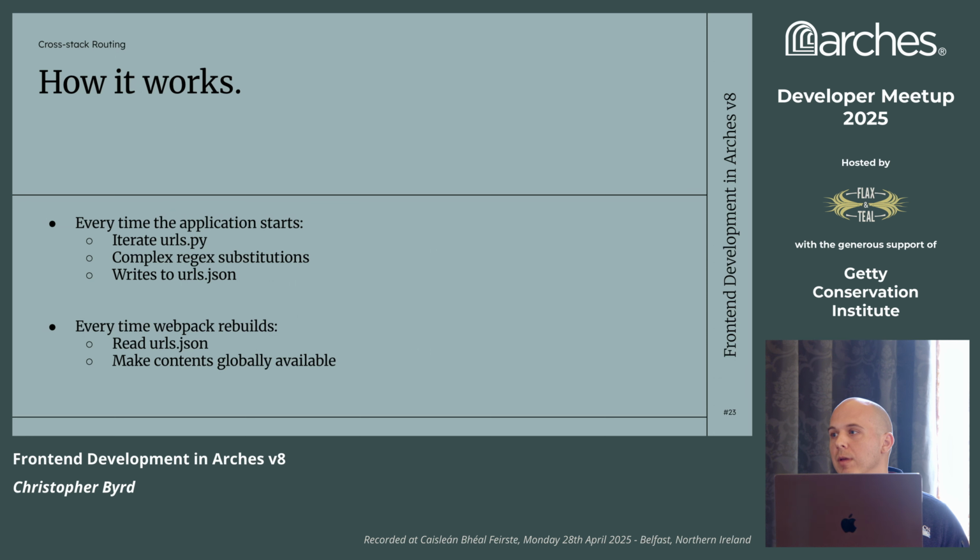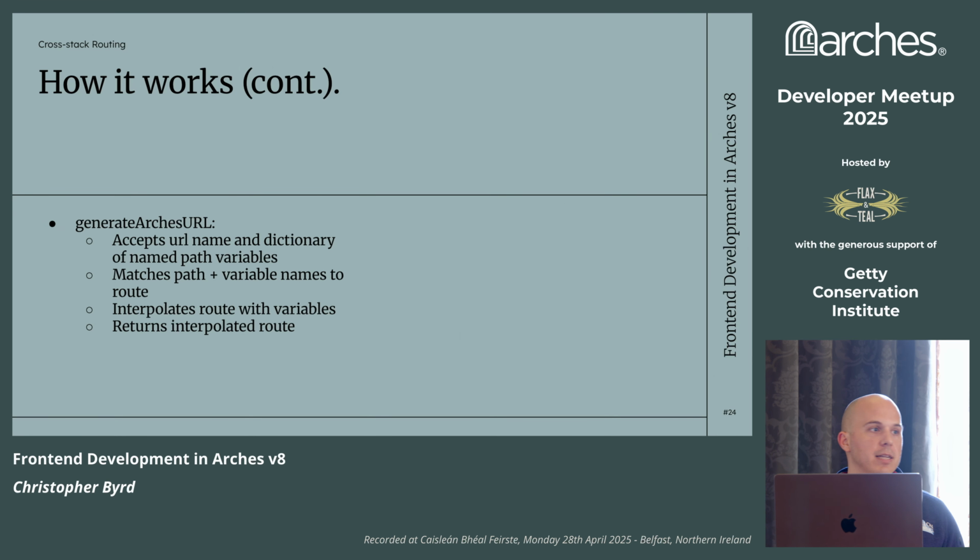Every time Webpack rebuilds, it's going to read that JSON file that's been generated and make its contents globally available. And the fancy little function that gets imported into whatever JavaScript file you need is going to accept the name of the URL and a dictionary of named path variables. It's going to match the path and variable names to the route, interpolate it, and return that interpolated value.